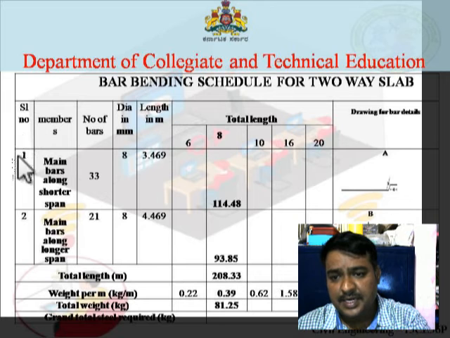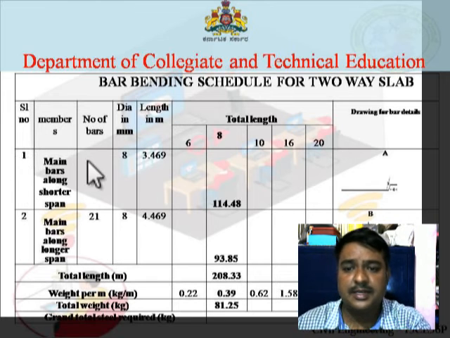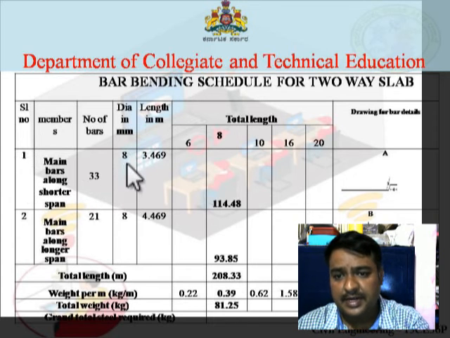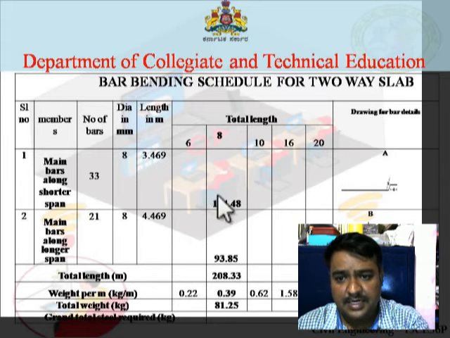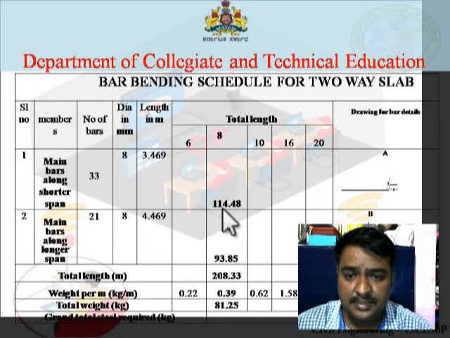So first we consider main bars. Here number of bars are calculated 33, and they have diameter 8 mm and length 3.469 in the shorter direction, main bars, and the total length of main bar is 114.48 meter.